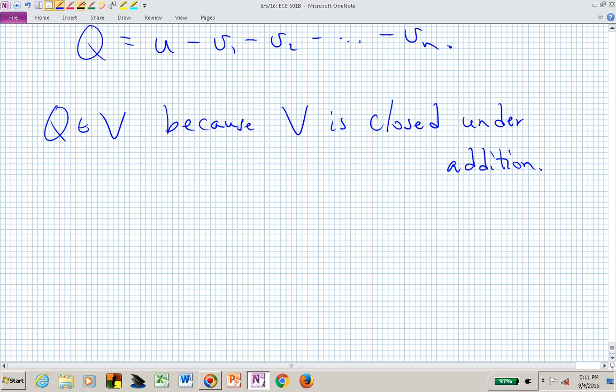Well, if Q is in our vector space V and it's independent of V1 through V sub n, let's just augment our original list B and form a new list. Like we're doing an iterative process, let's add Q to the list B, as we might do when programming.